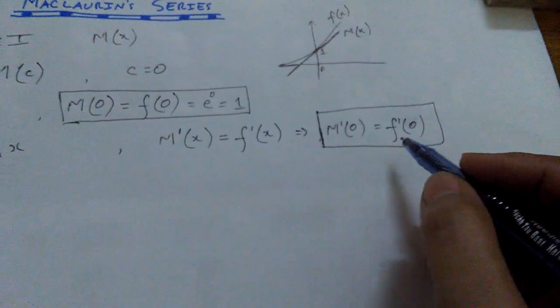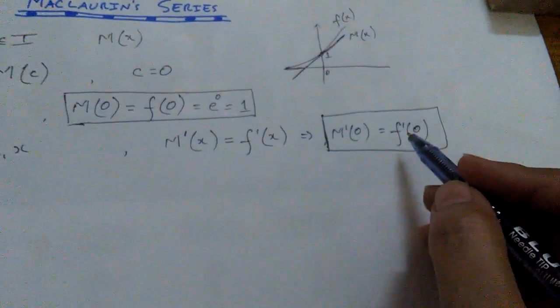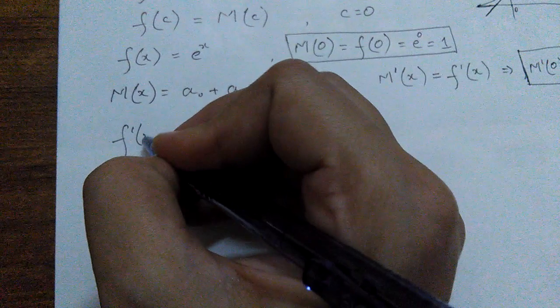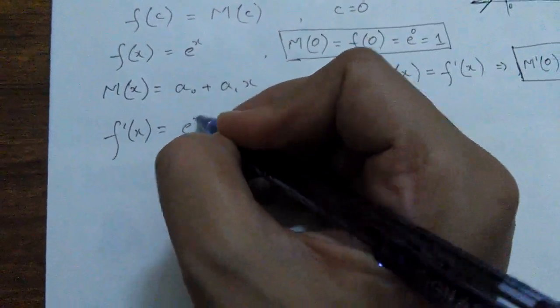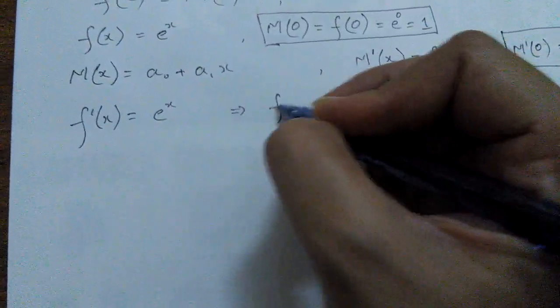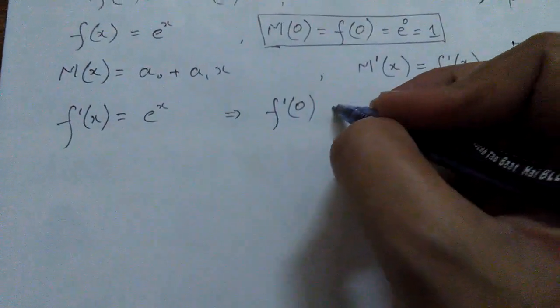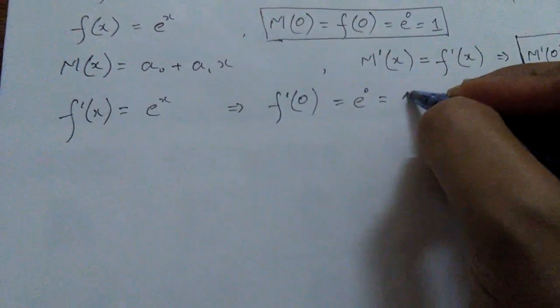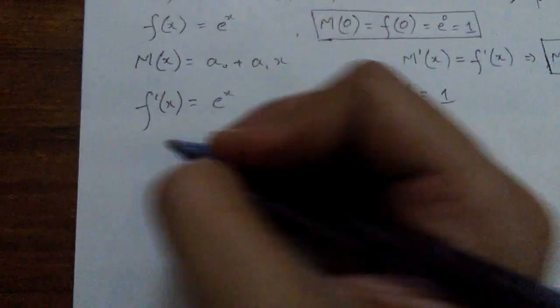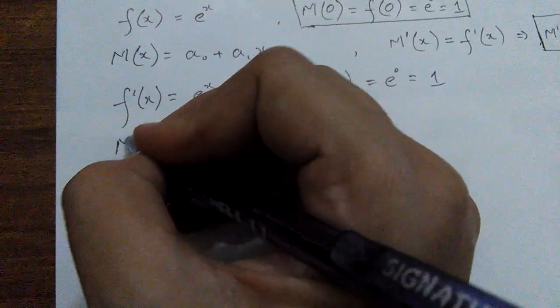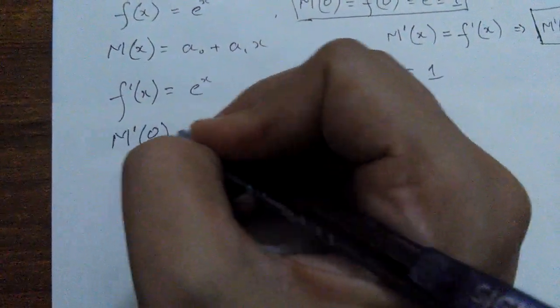Here I can see that m dash 0 and f dash 0 are the same. f of x is e^x, and the derivative of f of x is also e^x. If I put x as 0, it gives me 1.